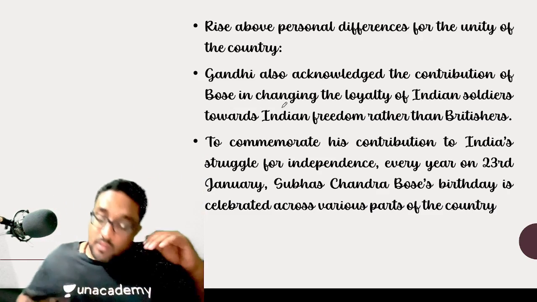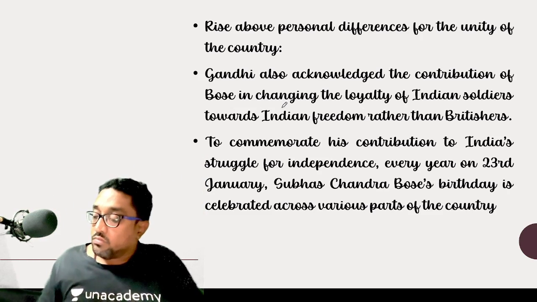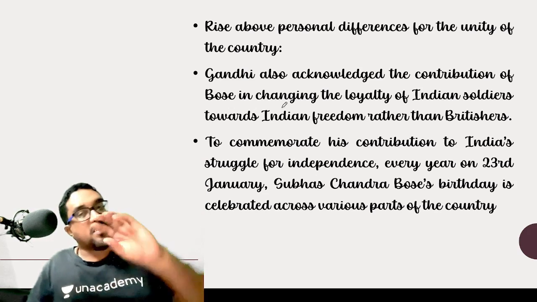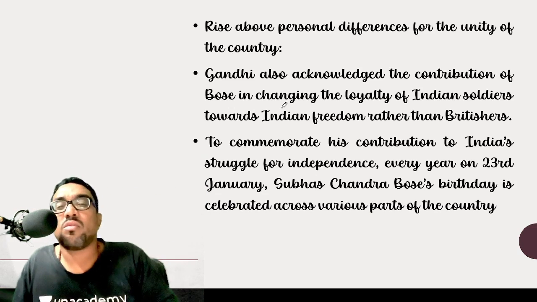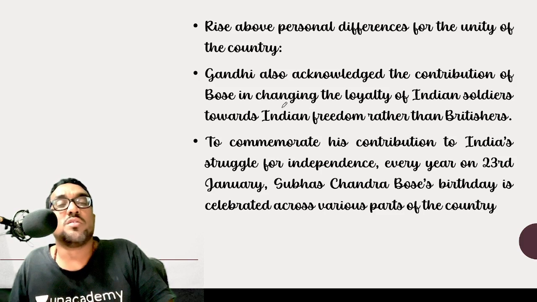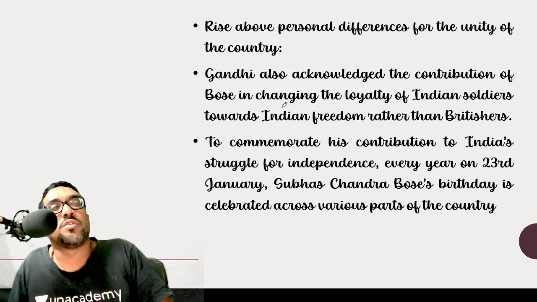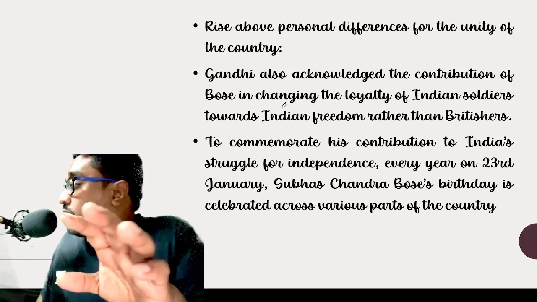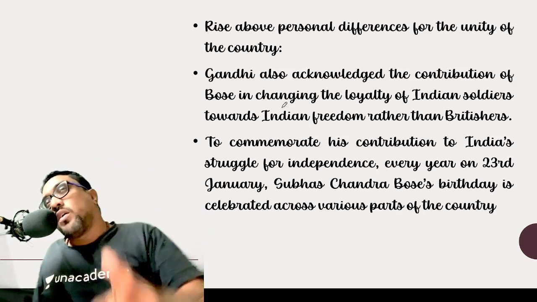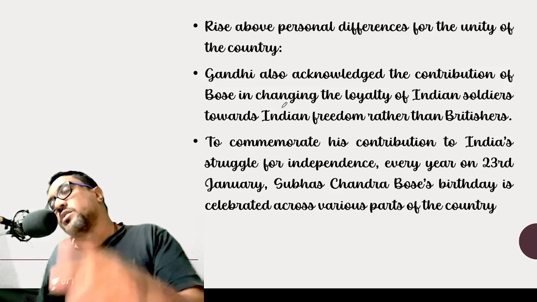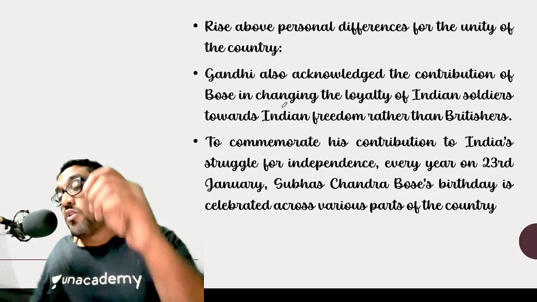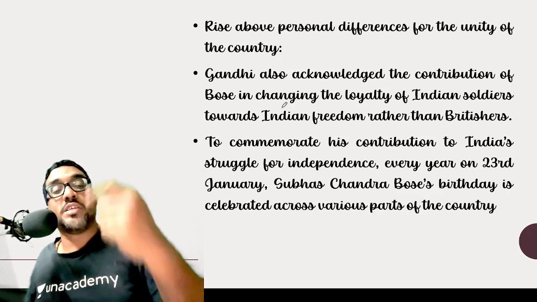Gandhi, in spite of having very strong disagreement with Bose on his political thought process, always acknowledged the contributions of Bose in changing the loyalties of Indian soldiers. Gandhi realized the importance of this, because by altering the loyalty of British Indian soldiers, Bose was able to break down the British government in India.